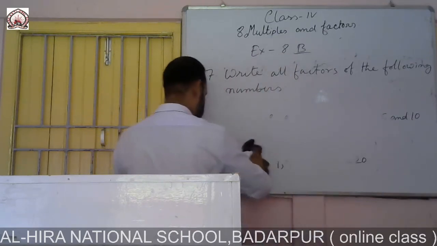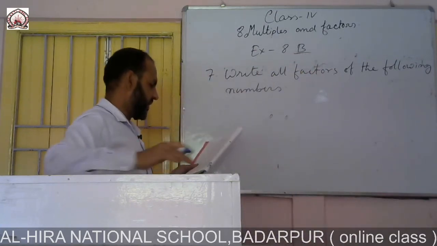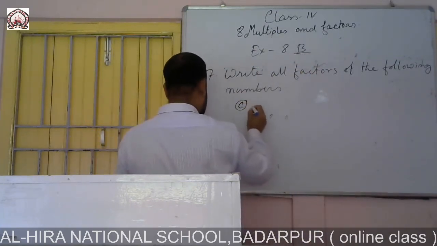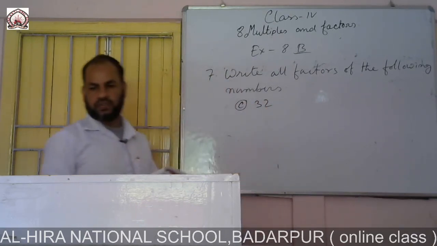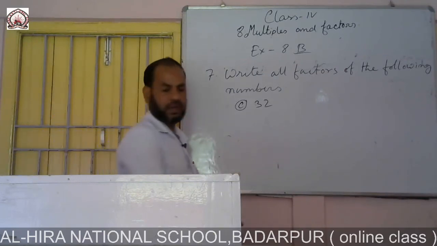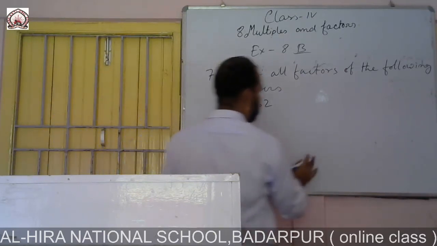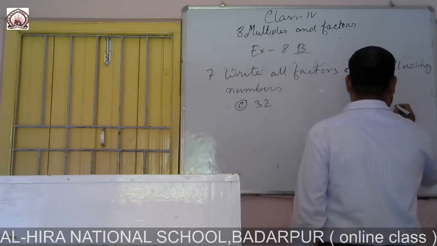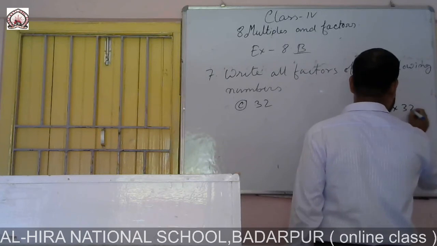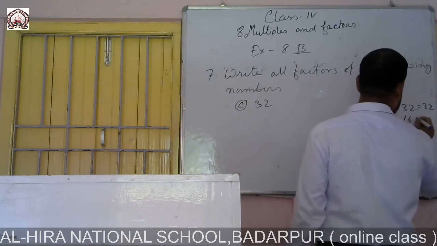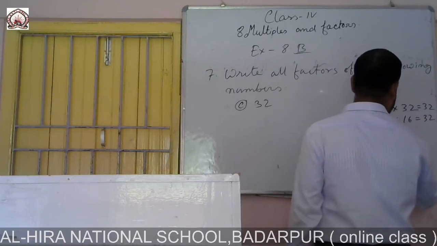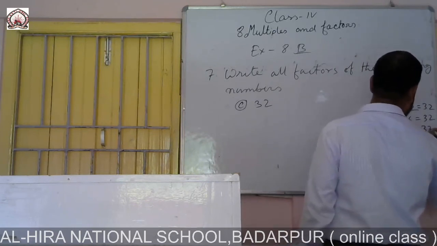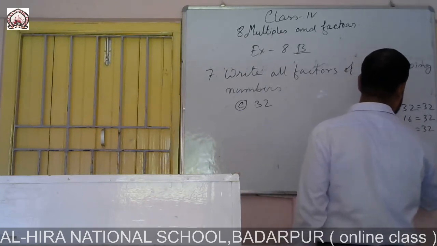Next question number C. We take out all factors of 32. The pairs of numbers which give the product of 32, we take out. 1 into 32 equal to 32. 2 into 16 equal to 32. 3 not, 4 into 8 equal to 32. 5 not, 6 not, 7 not, finished.